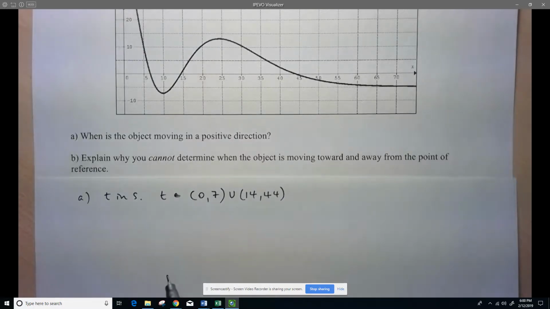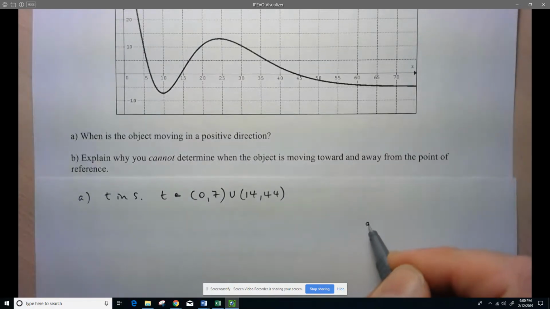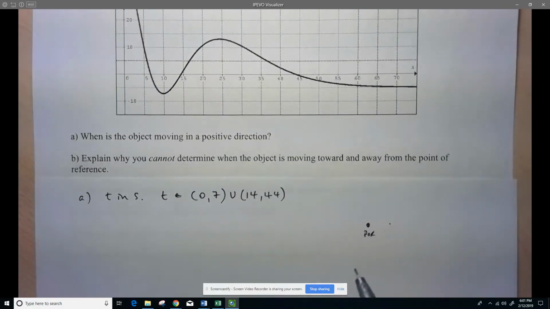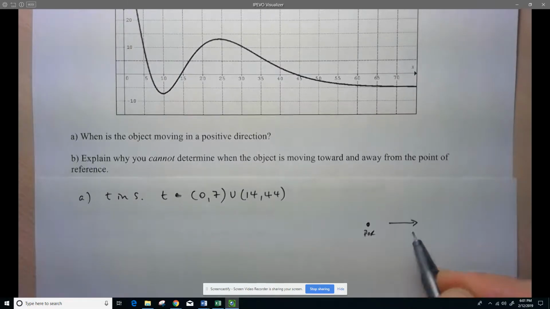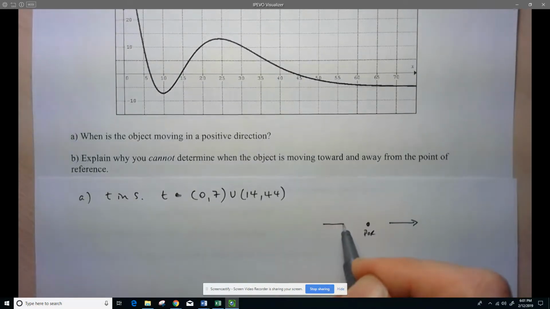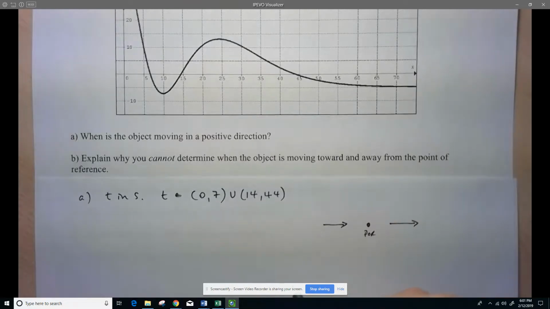For example, if the position is positive and the velocity is positive, you're moving away. But if your position is negative and the velocity is positive, opposite sign, it's moving towards.